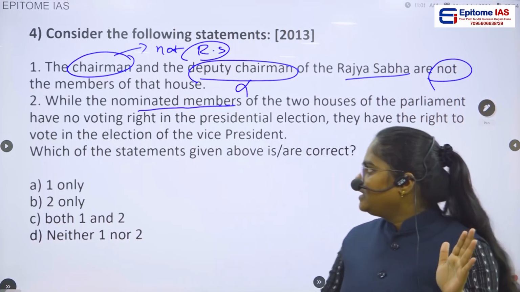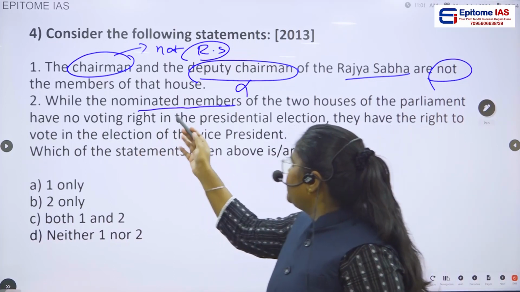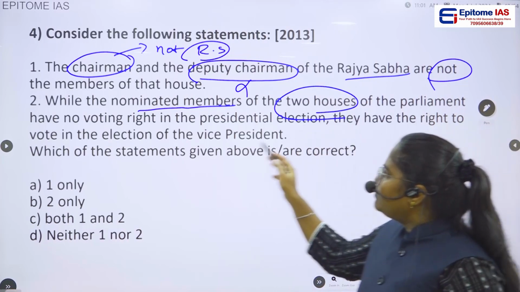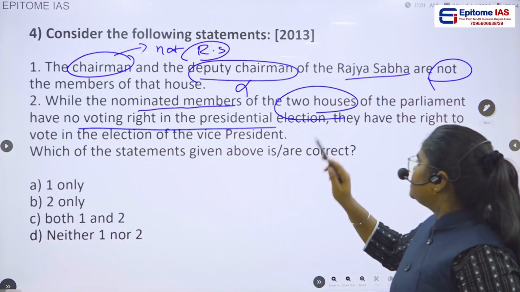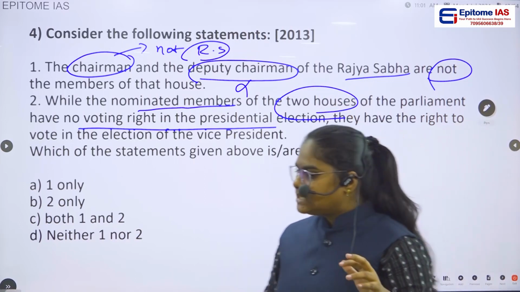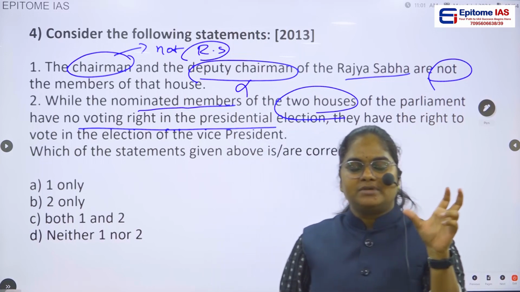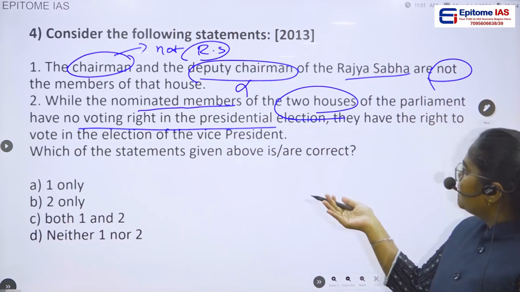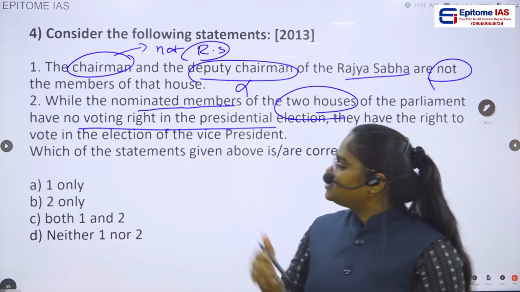Then statement 2, while the nominated members of the two houses of the parliament have no voting right in the presidential election. So the first half of the statement says that the nominated members of the parliament have no voting right in the presidential election.